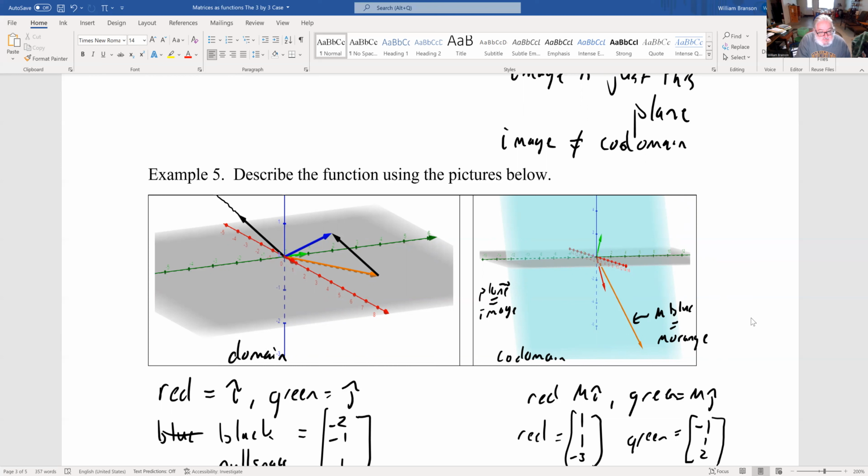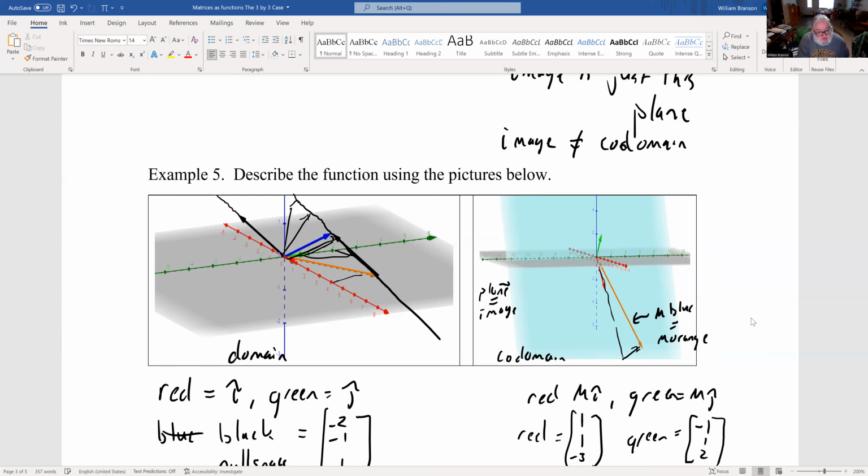So this was 4 times red plus 2 times green. And if you go 4 times red plus 2 times green, you'll end up on that vector. So if we think about the null space, that goes through the tip of the orange vector, there's a whole bunch of vectors that are the orange vector plus something in the null space.